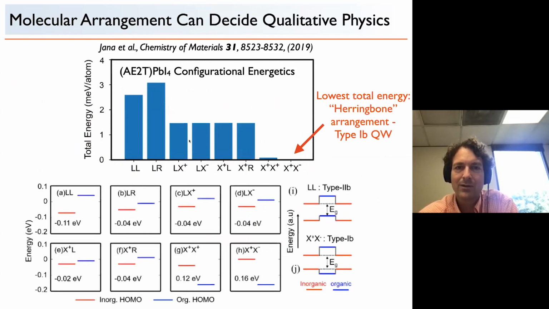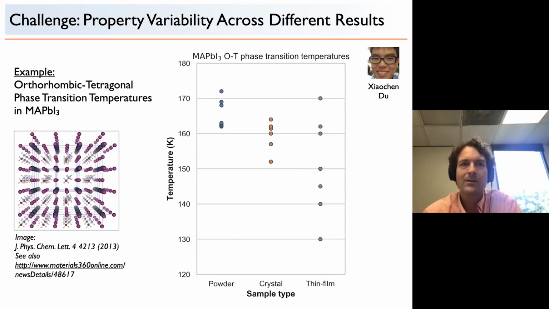If you look at total energies, you see that total energies per atom are actually noticeably different in this case. But if you don't know that, you would be predicting the wrong quantum well type. So the detailed orientation of these molecules actually matters, and the correct quantum well type is this here, which is actually optically active. All right, so that's one challenge that came from our own work.